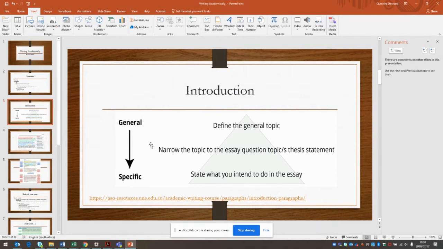You're going to say this paper will focus on the adoption of global culture by South African youths, or the extent of its adoption, then state that this essay is going to look at the extent to which global culture has been adopted, looking at various themes like, I don't know, music or social media and dressing.